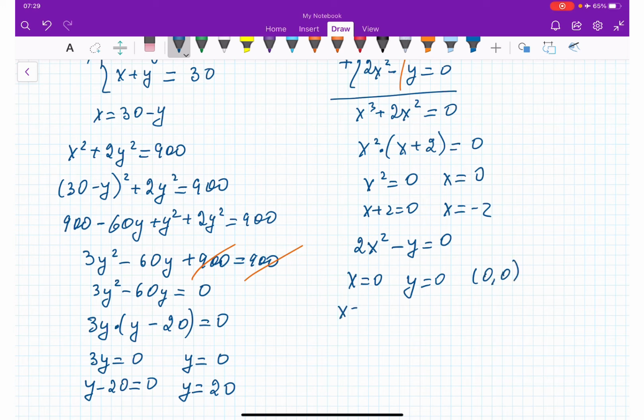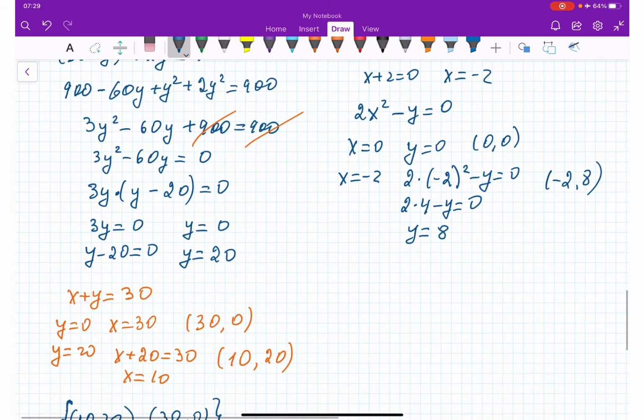x equals negative 2. I'm having 2 times negative 2 squared minus y equals 0. And I'm having 2 times 4 minus y equals 0, and y is equal to 8. So the answer here is going to be negative 2 and 8.